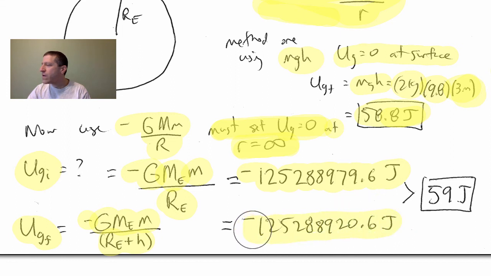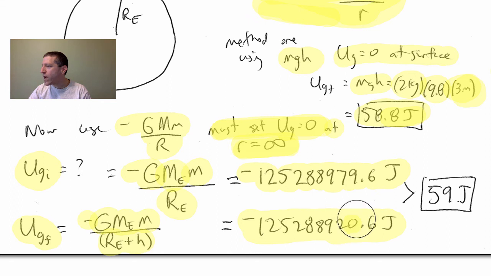And notice the number. Now you're lifting it up, it should be a higher number. Notice this is 1252889 and then 79, and this is 125288920.